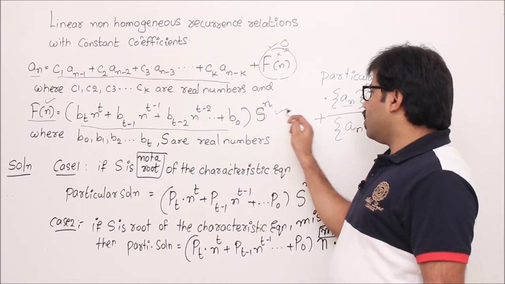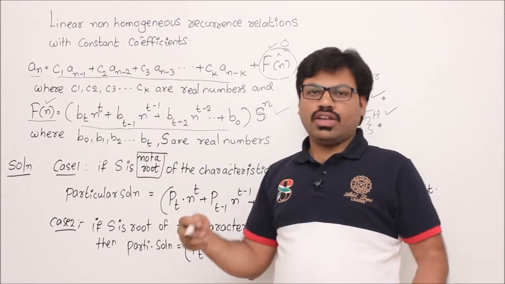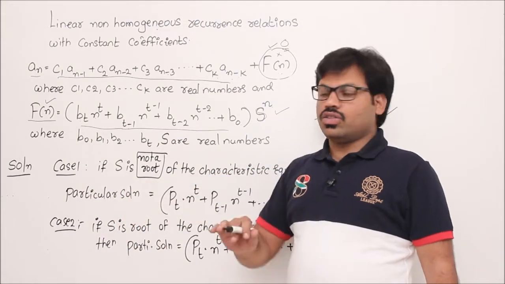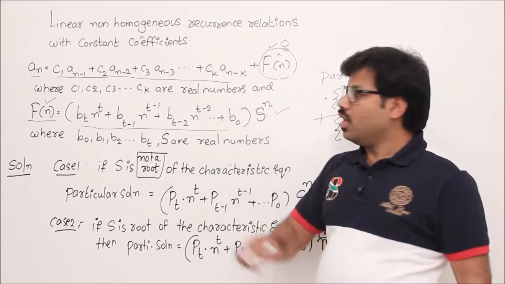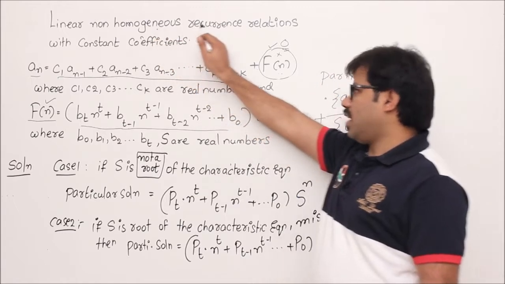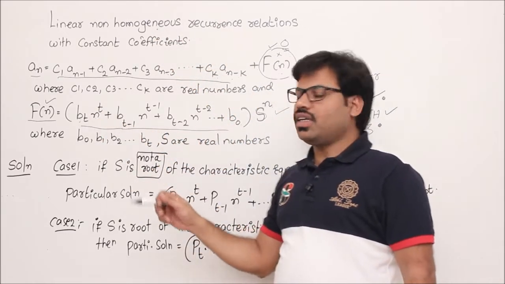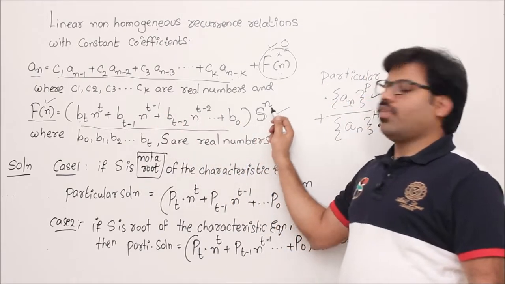If you have this kind of function, then only we can find the solution. We have a solution for that. Understand? So we have solutions only for linear non-homogeneous recurrence relations, especially where f of n is in this form: polynomial times s to the power n.